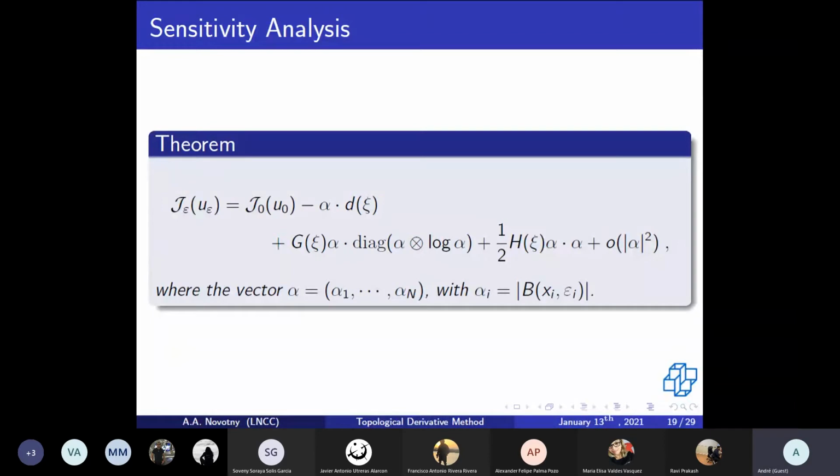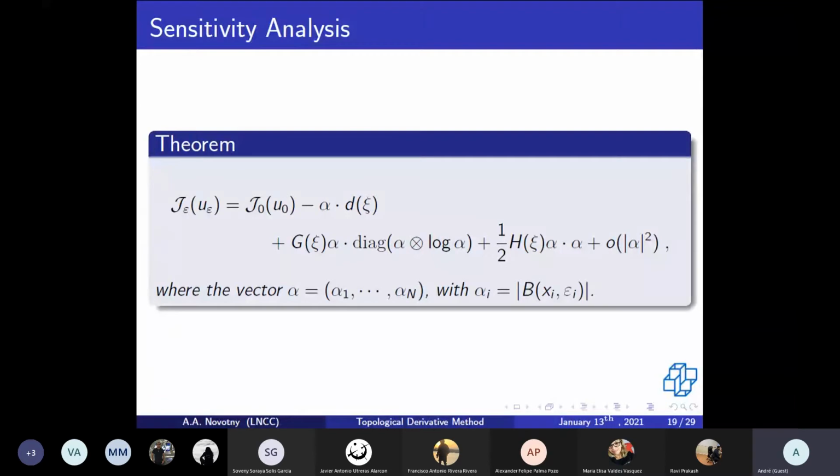Note that this can be understood as the first order topological derivative, this quantity d, and alpha is proportional to the measure of the perturbation. This is the volume, or area, of the small ball, the small anomaly.